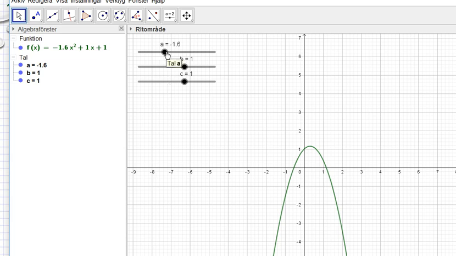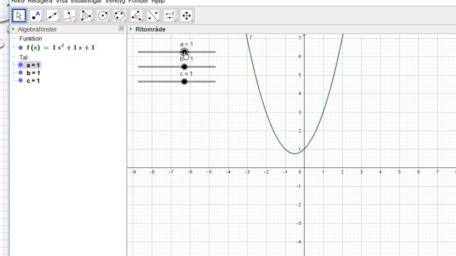Okay, and then what you can see here also, there are roots, but not always. As you can see here now, I have no roots.